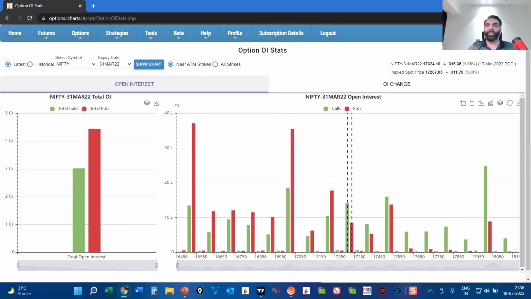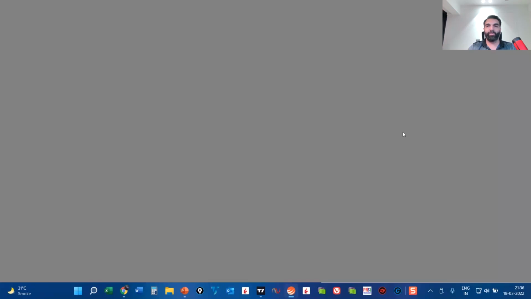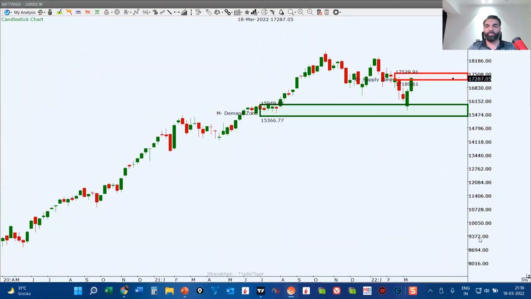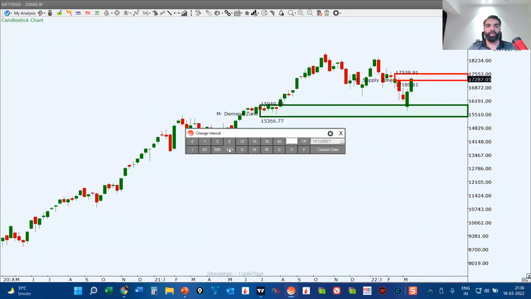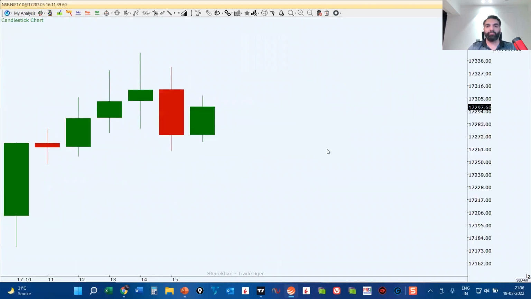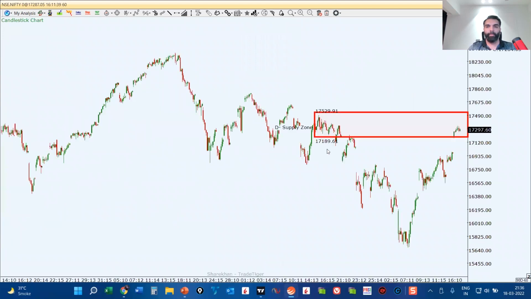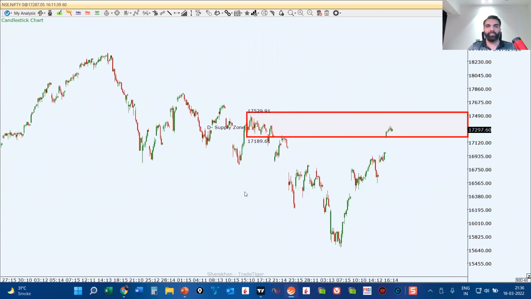All right, let's look at the chart now again, and let's look at it with a trading perspective. So if we go to a smaller time frame, let's say a 60-minute chart. So this is where the prices are currently.